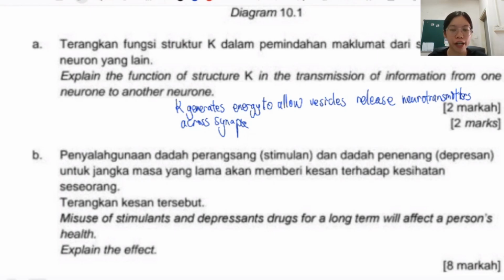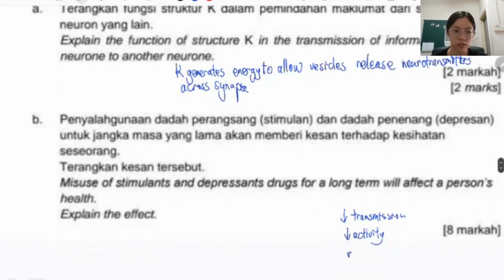And what about depressant? Depressant, like what I mentioned previously, is the one that will reduce the production of neurotransmitter. Therefore, there will be a lower transmission of impulse, and when there's a lower transmission of impulse, the activity rate is lower. That's why you tend to feel more relaxed.